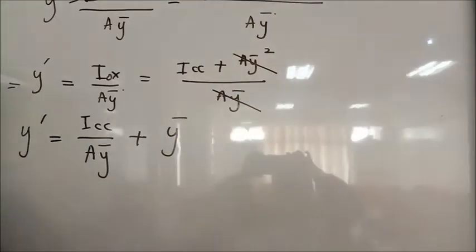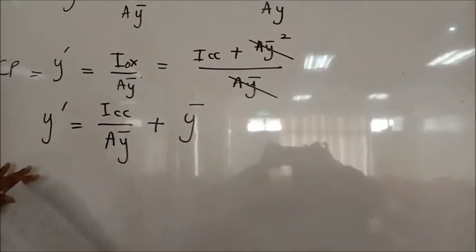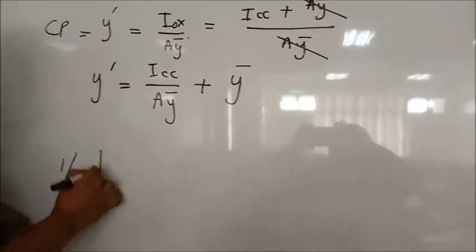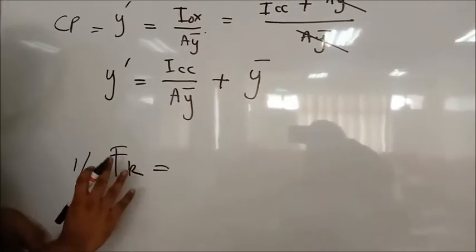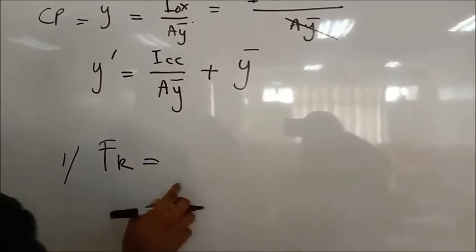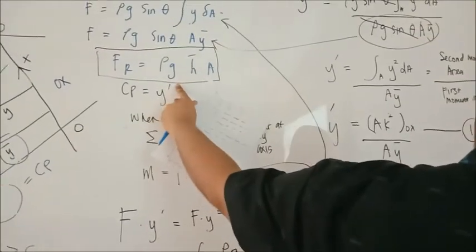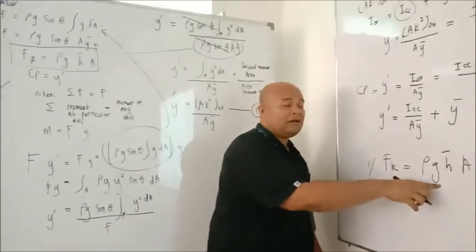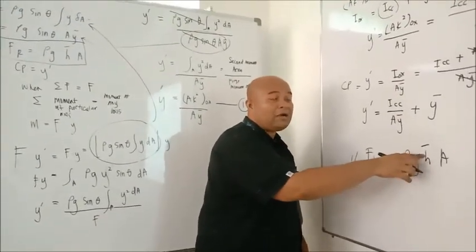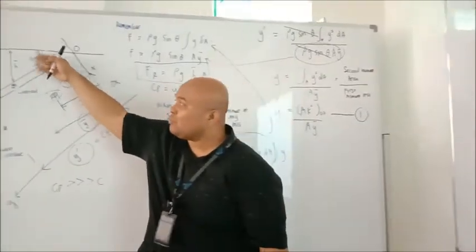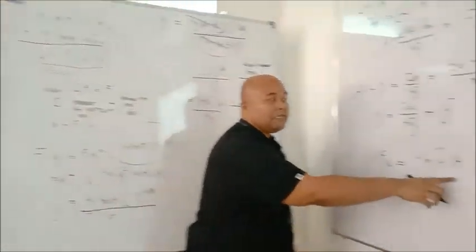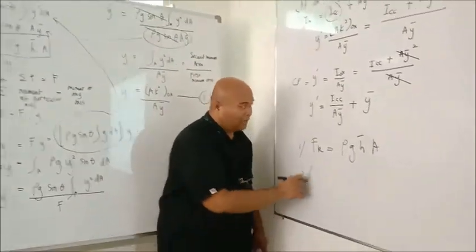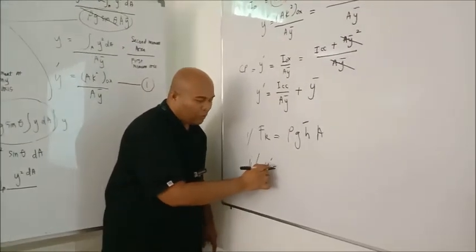So dealing with a fluid statics question is simple. The first question normally asks you to calculate F R, the hydrostatic force, simply by using the equation rho g h bar A. Rho is the fluid density, g is the gravitational acceleration, h bar is the distance from the free surface to the centroid, and A is the area here. Then the question will ask you to calculate the center of pressure, y prime or CP.